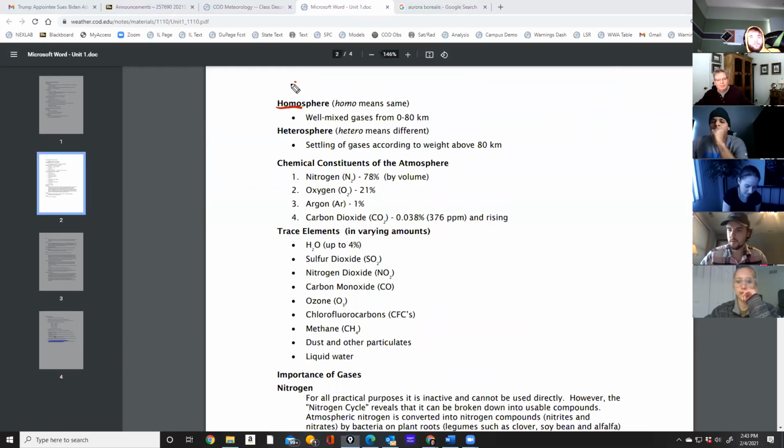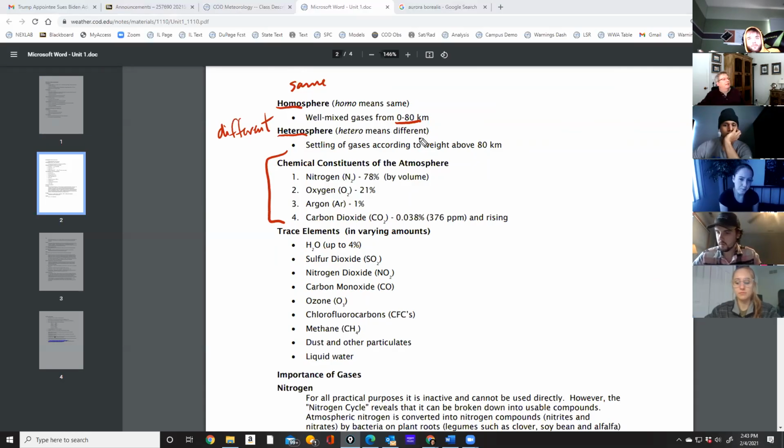Homo is a prefix that means the same, as opposed to hetero, which means different. So in the lowest 80 kilometers of the atmosphere, the gases all have the same breakdown. This chemical constituency of the atmosphere, 78% is nitrogen, 21% is oxygen. That's true in the lowest 80 kilometers.